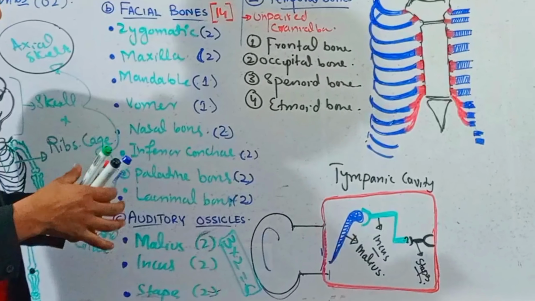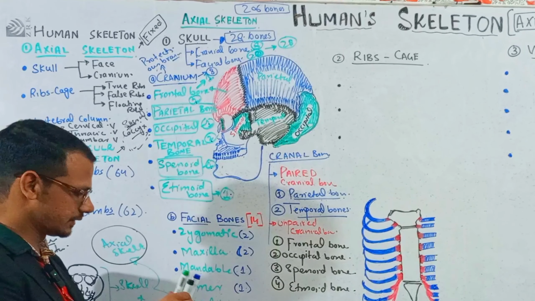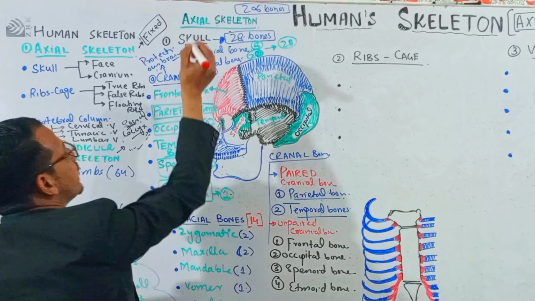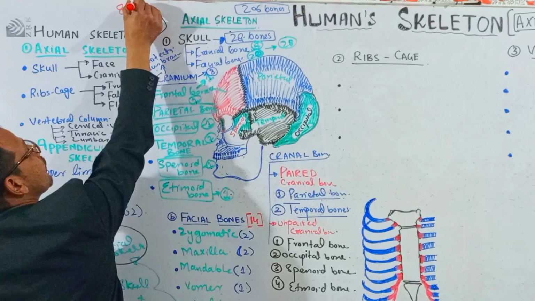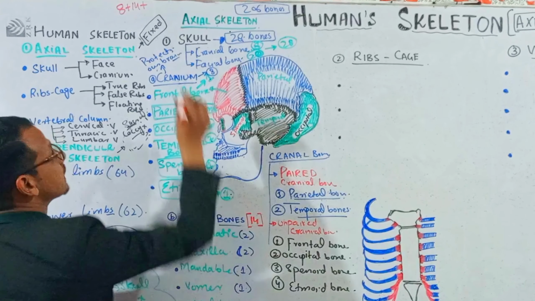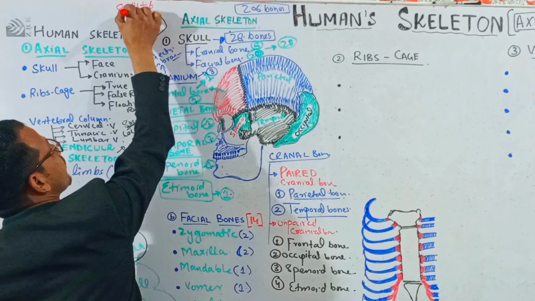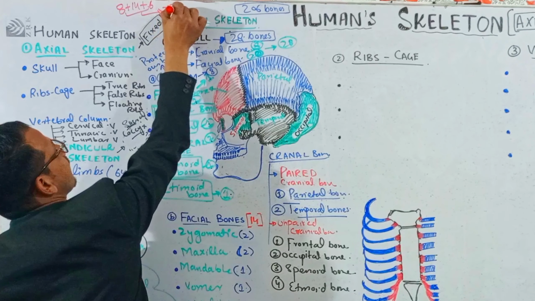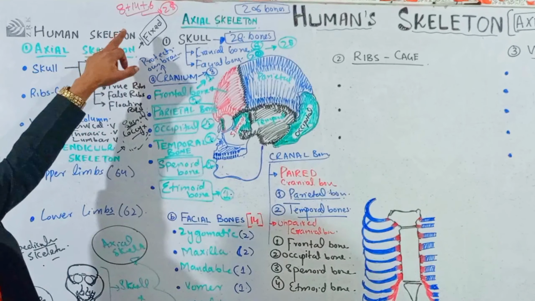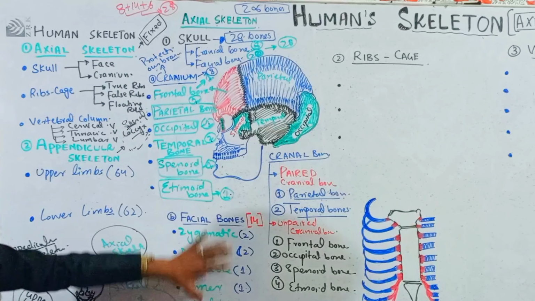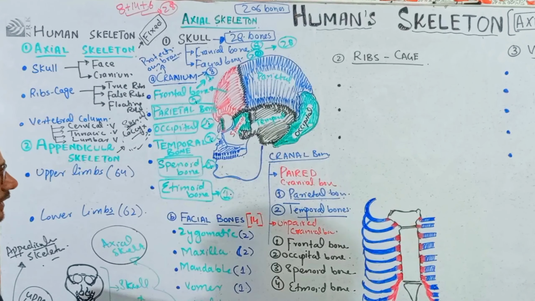If we add all these bones, in cranium there are 8 bones, in face there are 14 bones, and in auditory ossicles there are 6 bones. It makes 28. So this is the counting of the skull bones, which are 28 in number.